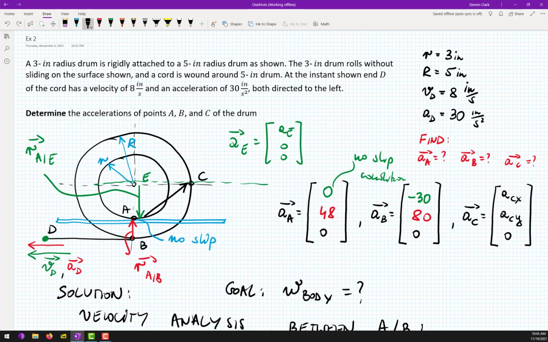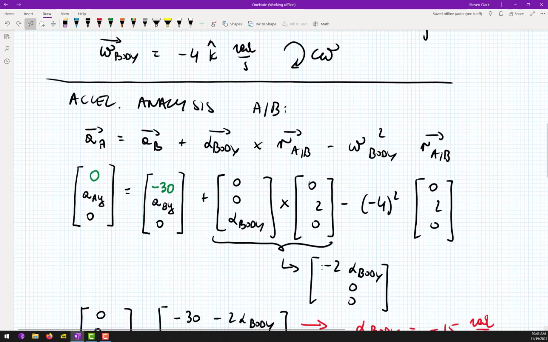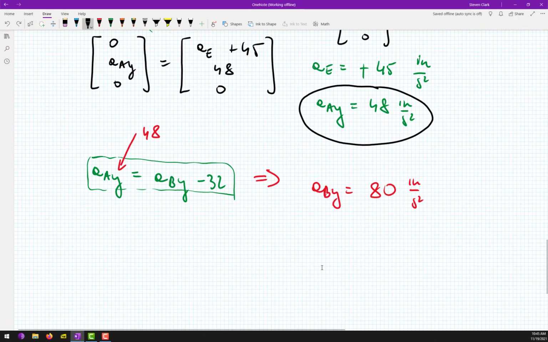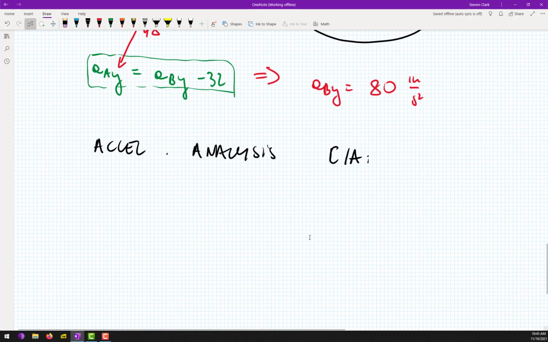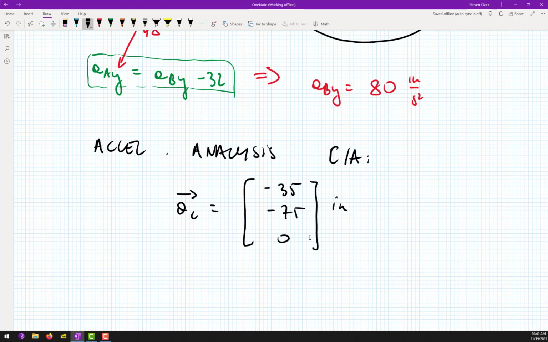So I would write acceleration analysis between C and A, and if you do that, you will end up with a_C equal to minus 35, minus 75, 0 inches per second squared.